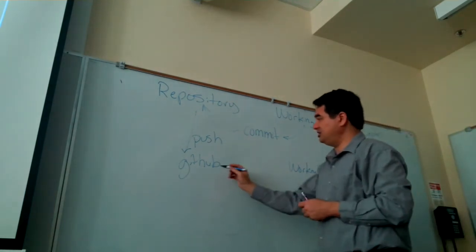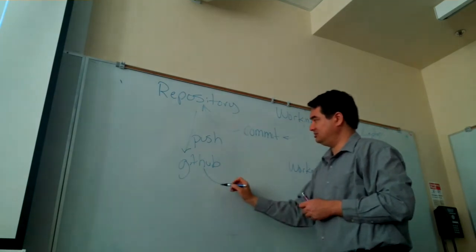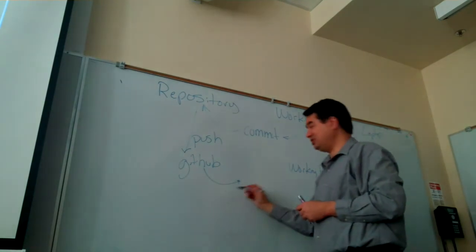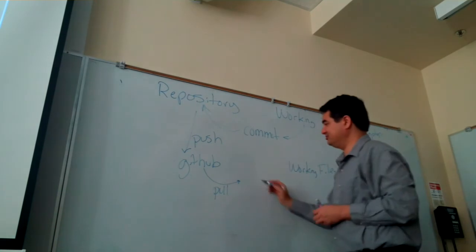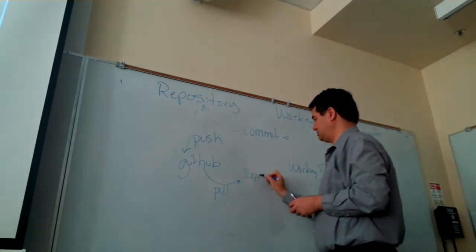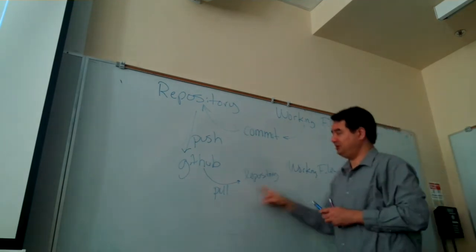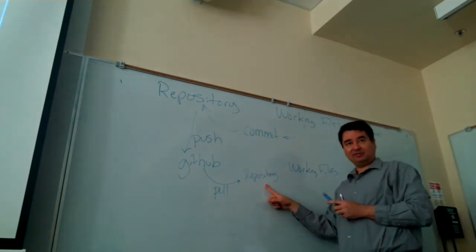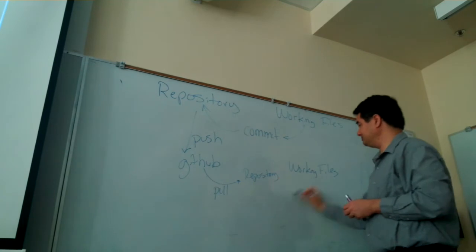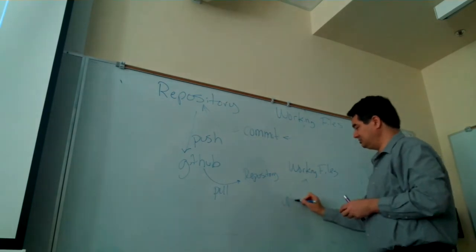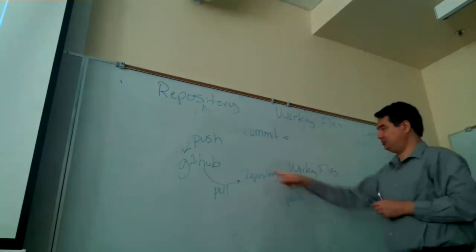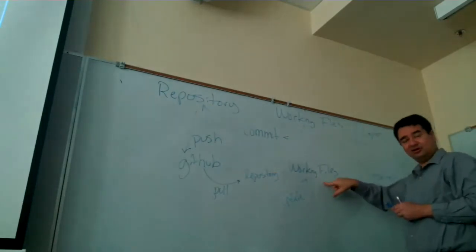So you need to do a, what's the opposite of push? Pull. From GitHub into a repository on your desktop computer, and then from there do an update to pull them out of the repository on your local computer into the working files.